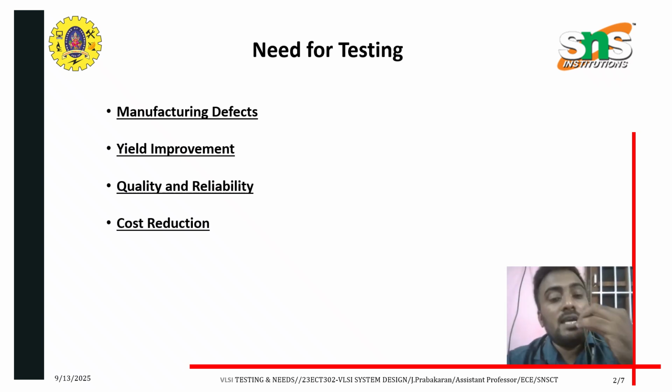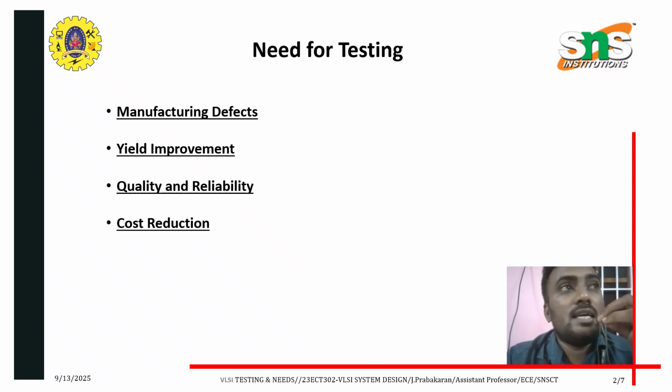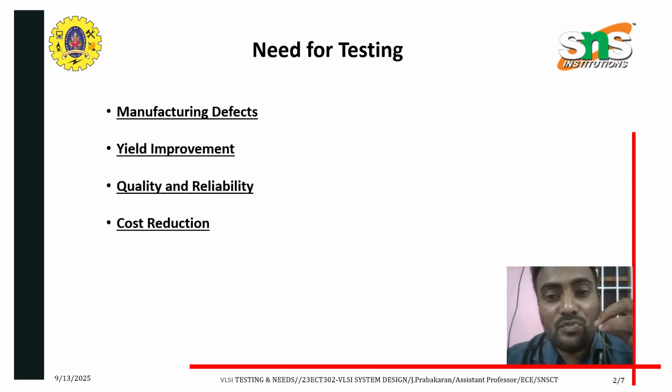Generally, VLSI testing is essential to detect defects, improve yield rate, which means the percentage of good chips. Fault-free chips are called good chips. The percentage of good chips is called the yield rate. We can improve this yield rate by using VLSI testing.